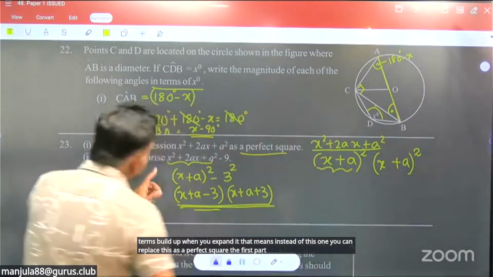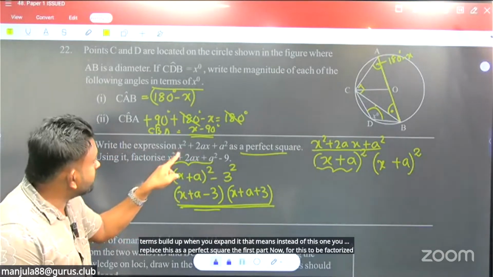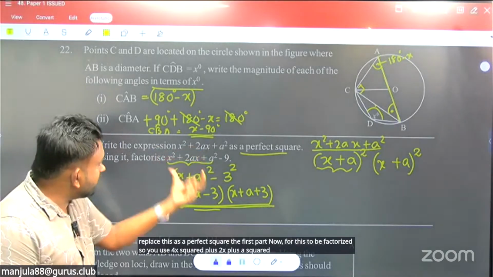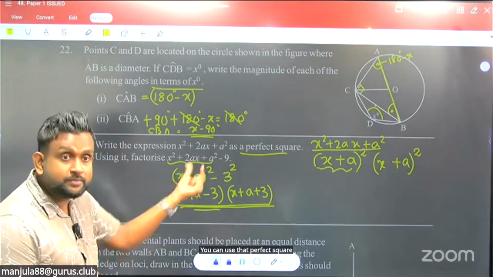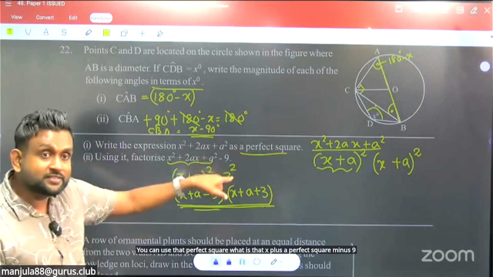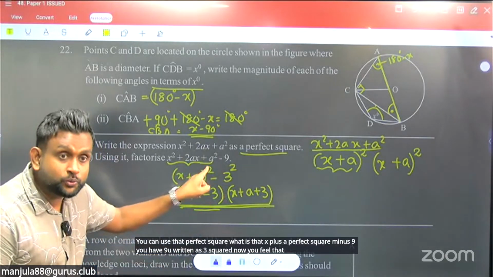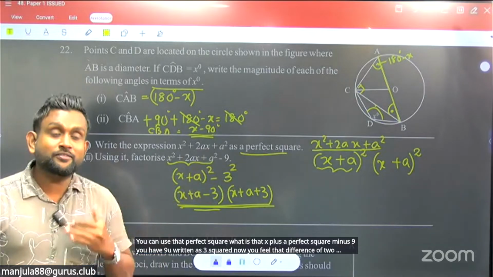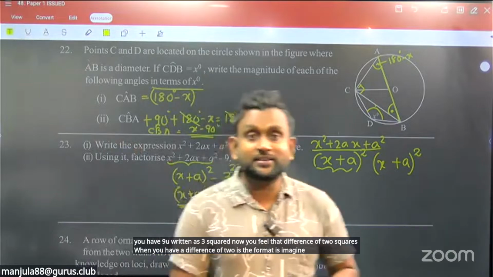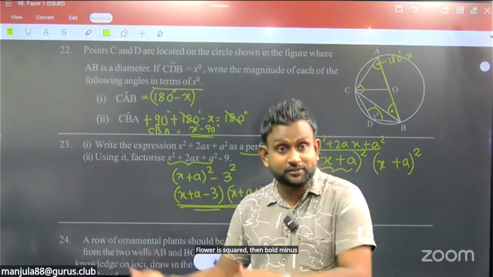Now, to factorize this, for x squared plus 2ax plus a squared, you can use that perfect square. What is that? (x plus a) squared. Minus 9 you have. 9 you write as 3 squared. Now you see the difference of two squares. When you have a difference of two squares, the format is, imagine ball squared minus flower squared, then (ball minus flower) into (ball plus flower).